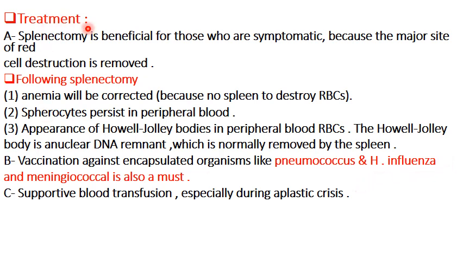For patients with splenectomy, they have to get vaccination against pneumococcus and Haemophilus influenzae. It is a must. Why? Because when there is no spleen, those patients will be more susceptible to infection by more pathogenic microorganisms, including pneumococcus and H. influenzae.